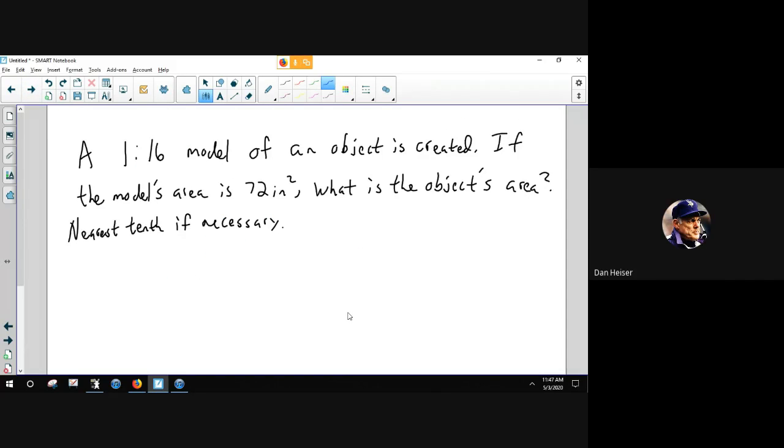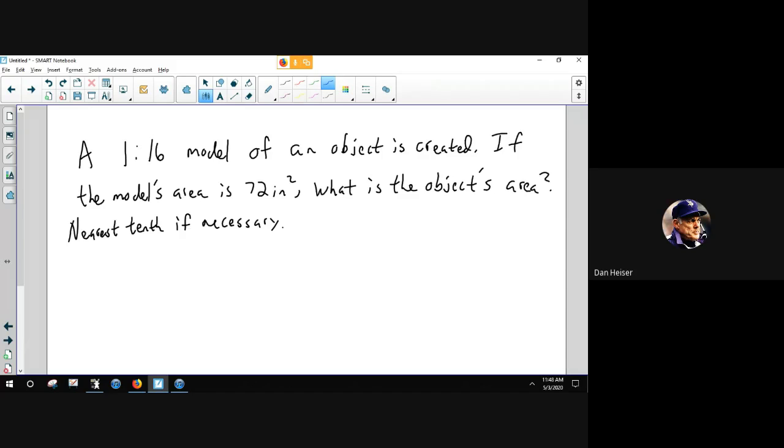One more problem. An architect has created a 1/16 scale model of an object. The model's area is 72 square inches. What will the actual object's area be? And again, we'll go to the nearest 10th if we need to.